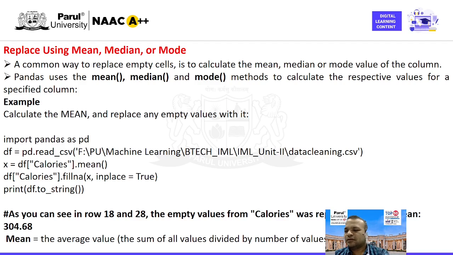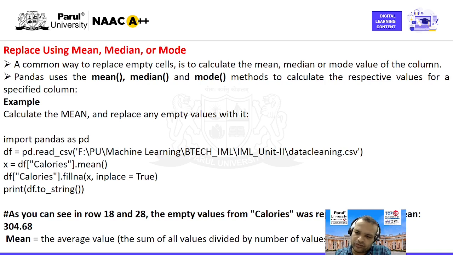We use read_csv along with pd for reading the dataset. Your dataset path is in the F directory, PU folder, machine learning folder, PTech IML, unit number 2, and the dataset name is data cleaning.csv. This is the path where your data is placed in your PC.